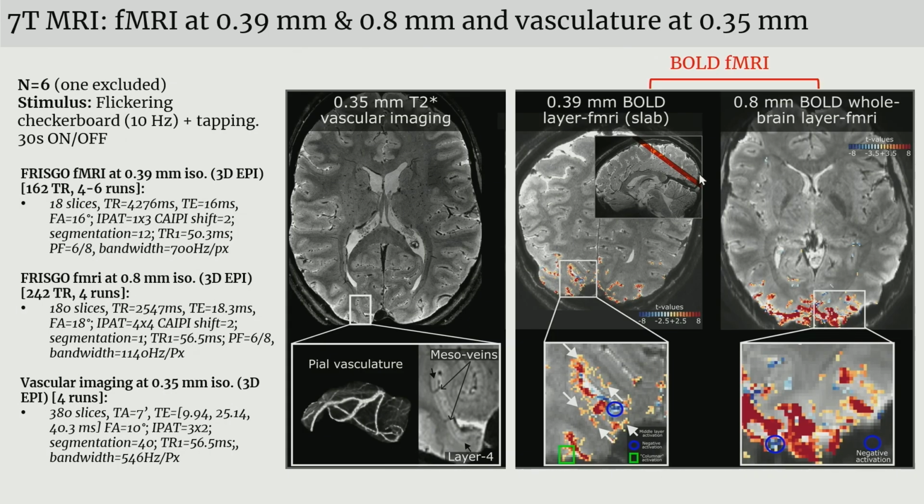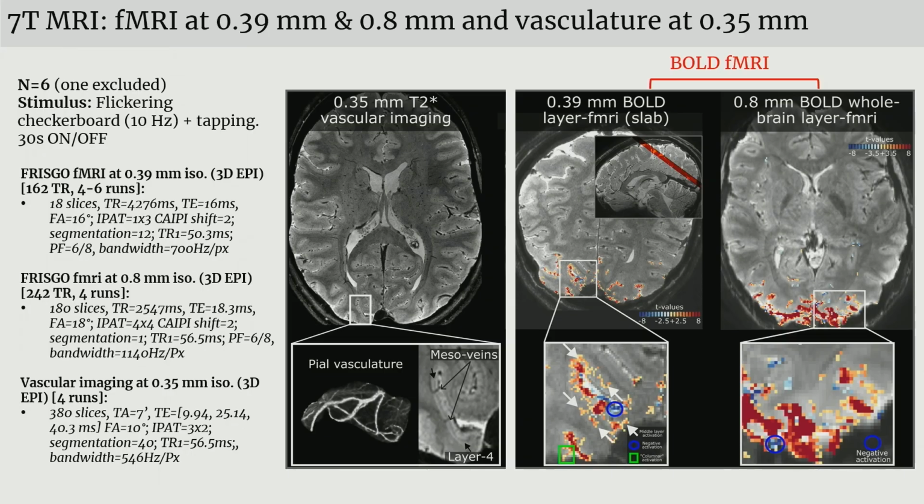And in the remaining 2 sessions, we employed 2 different FRISCO protocols that are both BOLD weighted. One targets the visual cortex in a very tiny slab, and we obtain a 0.39 millimeter isotropic resolution. And the other one, the complementary, I would say, collects the whole brain at 0.8 millimeter isotropic resolution.